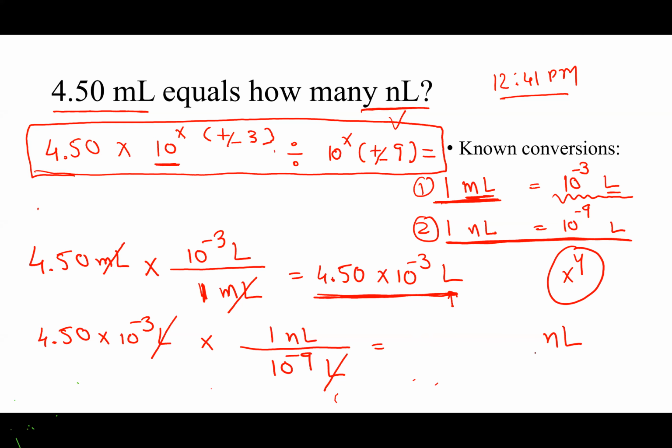You press 4.50, then multiply, then you press 10, then you press the x to the y key, and then you press plus or minus, then 3, and then close the bracket. So instead of just using the 10 to the power of x key, you are pressing 2 keys. All right, give it a try.